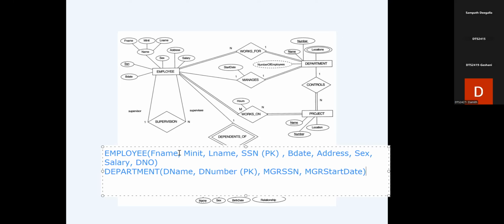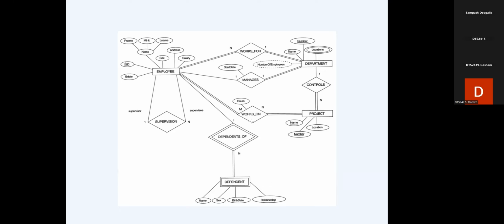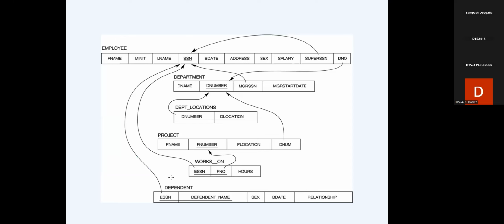So if you go back, you will see we are going to create a separate relation. It's called works on. We have the works on relation here, and then we get the employee social security number from the employee and the project number from the project. Combining the two, we create the primary key.